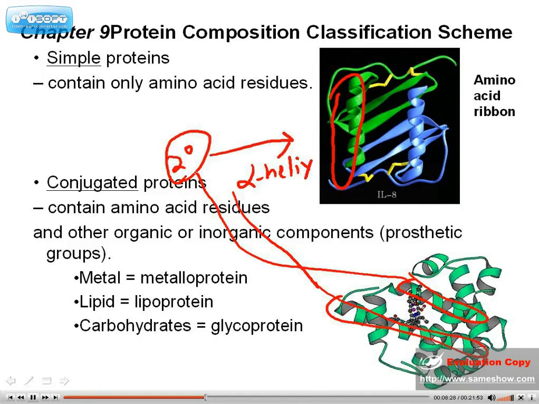The other type of structure that we're going to focus on is this internal ribbon-like pattern. We call these beta sheets. And again, this is another type of local secondary structure that we often see.